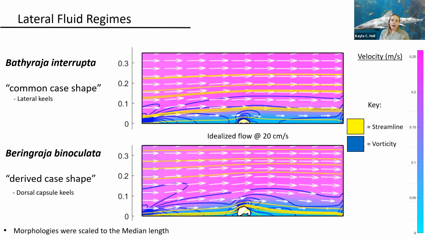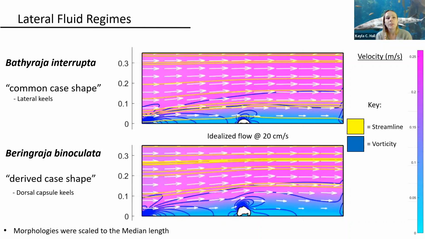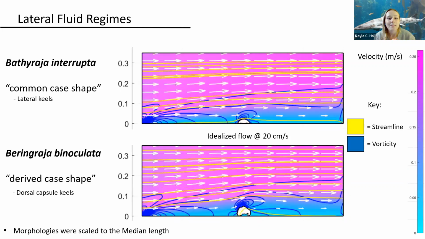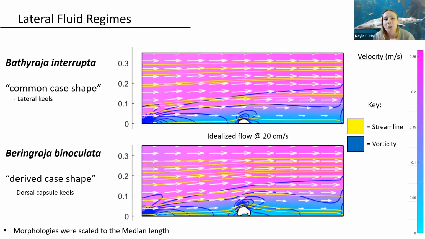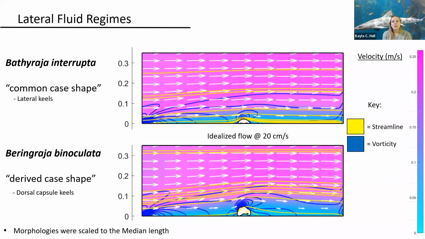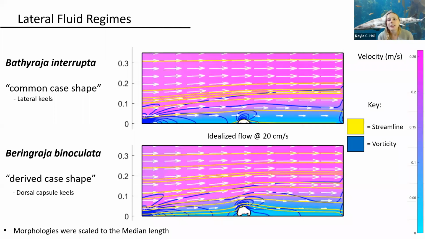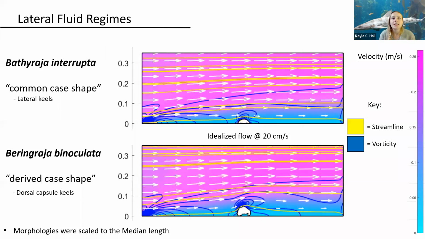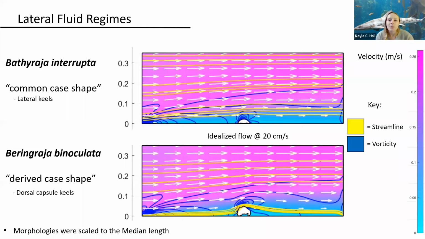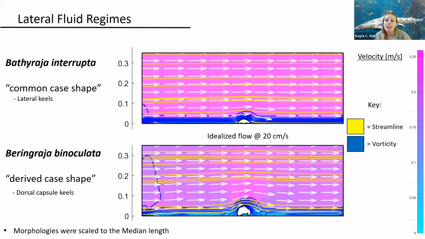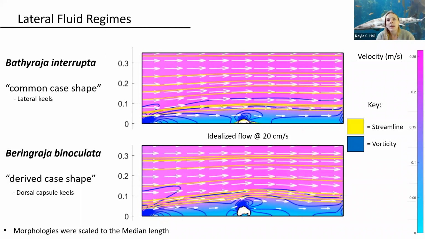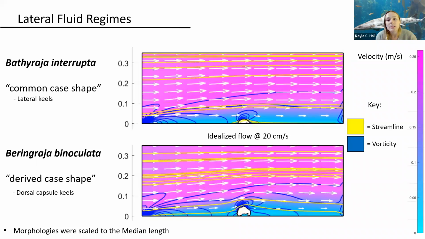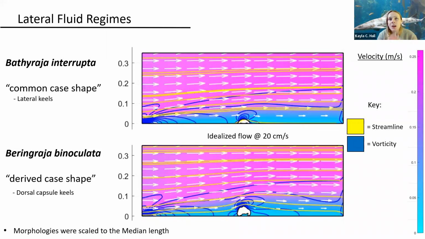Next, we have the lateral view of the egg cases in our idealized flume. Similar to the horns that provided a stabilizing effect, the lateral keels in this lateral view provide a stabilizing effect to aid in the continuous flow around the egg case, which we see in interrupta.